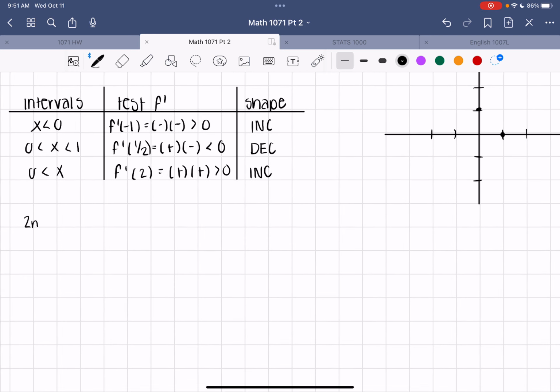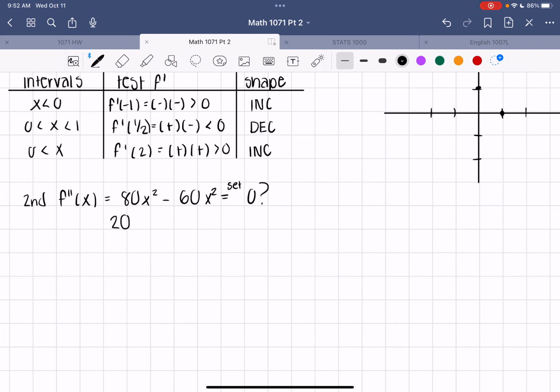Again, that factors nicely. How about I factor out 20x squared, which leaves me 4x minus 3. Did I do that right? 80x cubed, 60x squared.